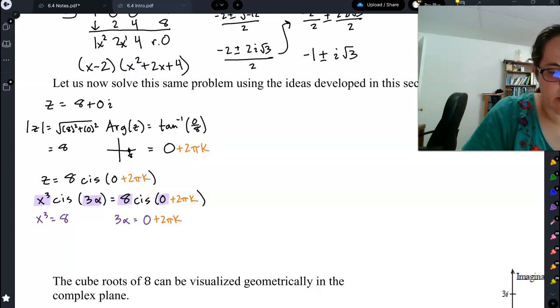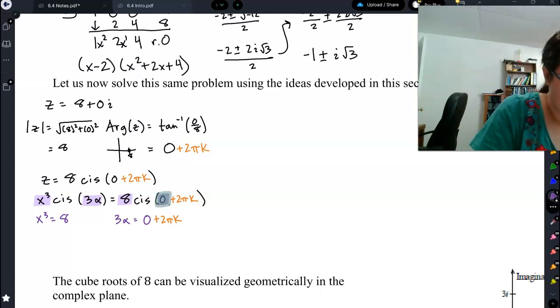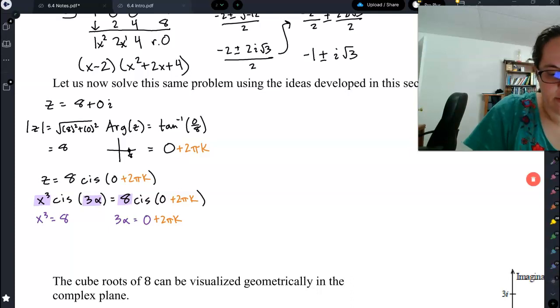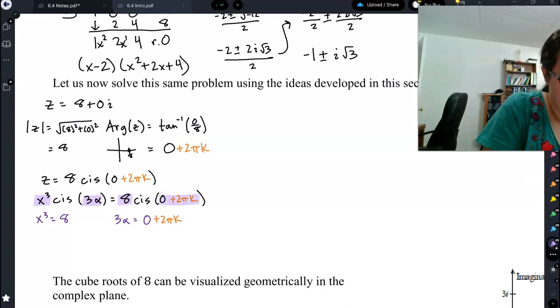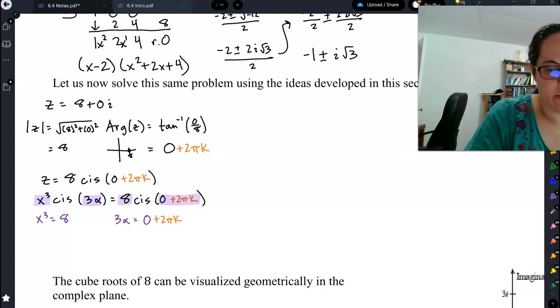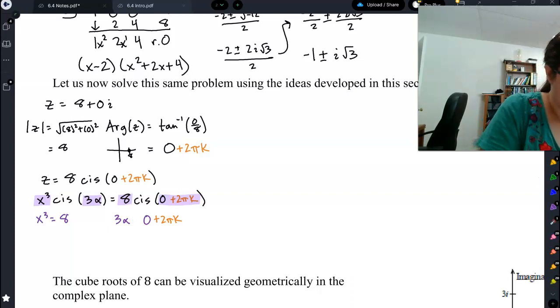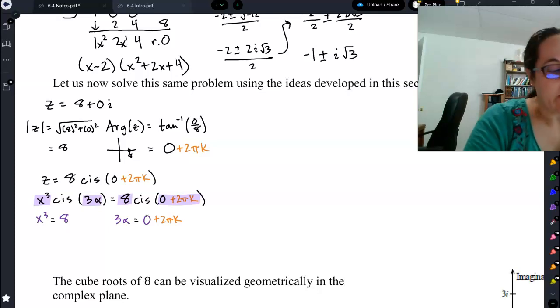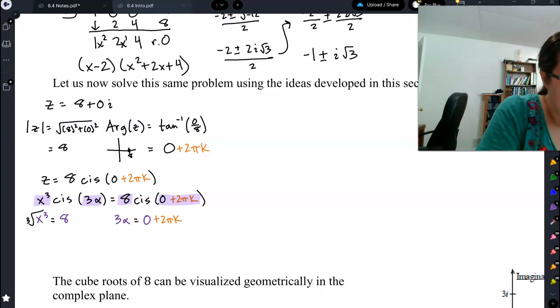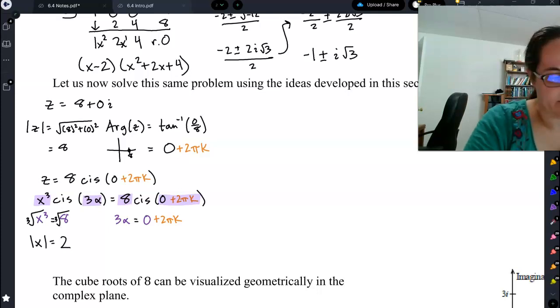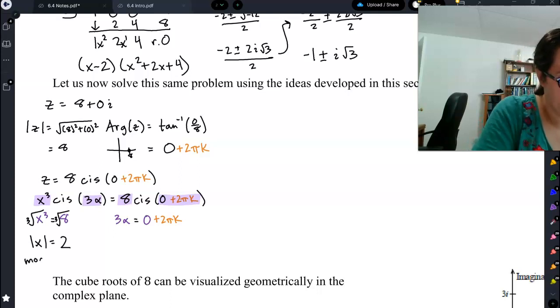And actually, let's highlight all of this. Okay, let's solve. To solve for x, I cube root both sides, and this is essentially giving me the modulus of x, basically the modulus of my cube roots.